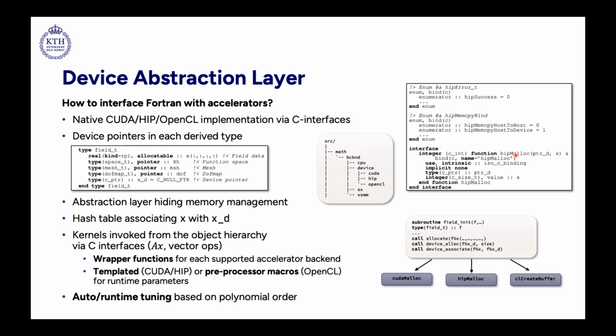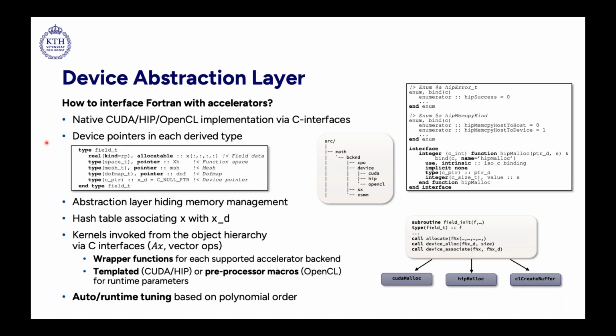So how it works is then that this layer is just prefixed with device. For example, device_alloc, as you see down to the right, will then fall down to cudaMalloc, hipMalloc, or clCreateBuffer, depending on which backend you have compiled NEKO for. So that's how we interact with the device on the memory management, but inside the code itself, we have a lot of derived types, for example, describing a flow field.